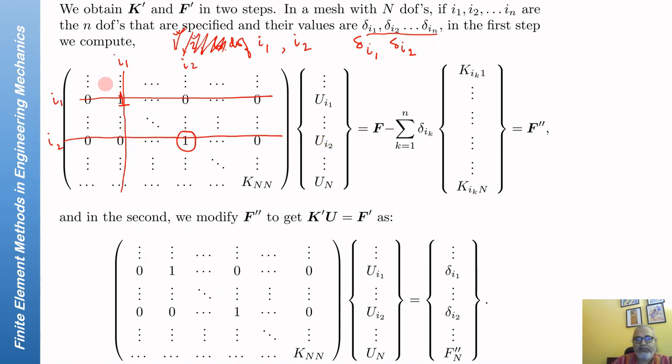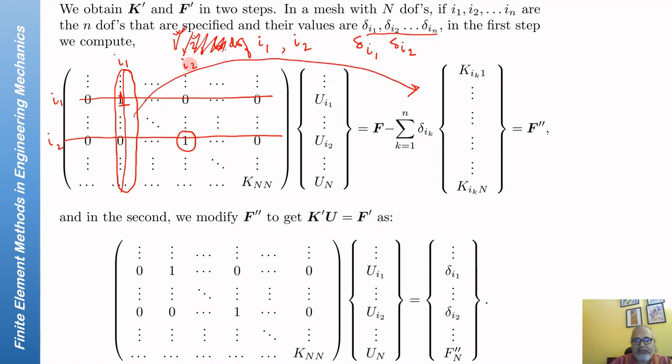On the right hand side, before I do this, I'll have to take this column and multiply it by the specified displacement, or the specified degree of freedom corresponding to this I1 degree of freedom, and that is delta I1. I'll have to multiply it with delta I1 and transpose it to this side.